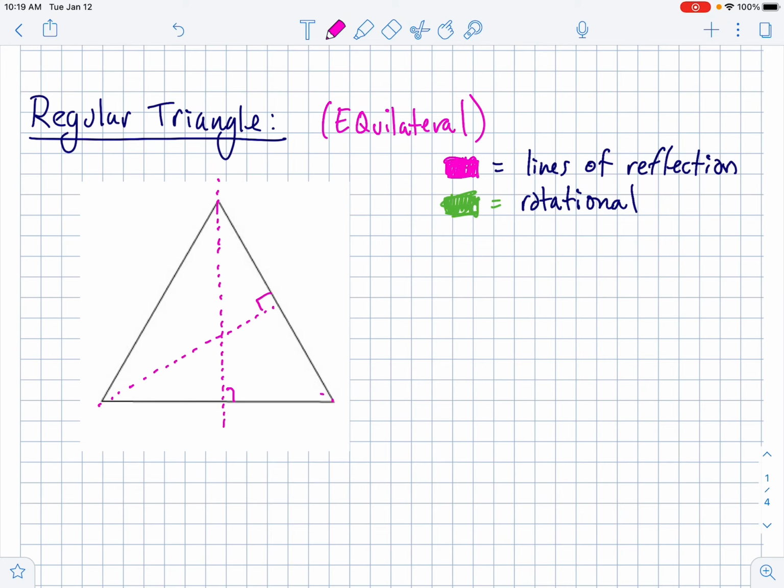So that's another one. And then the third one is through the third vertex. So it goes through a vertex, and then it goes to the midpoint of the other side, because this point right here would split this side in half. In fact, it would split all these sides in half. So these would all be congruent. So, symmetry.